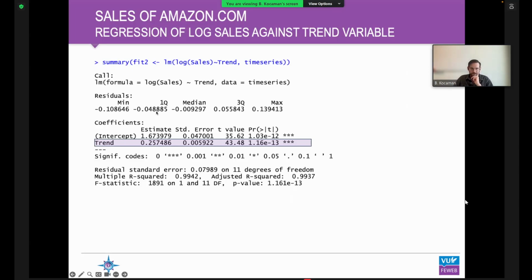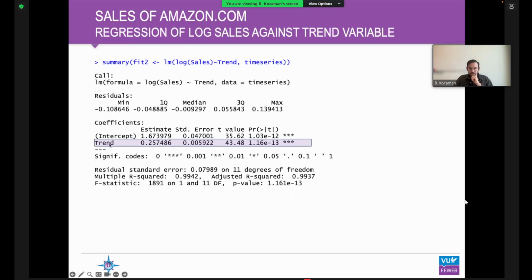So here, let's talk about this coefficient estimate. We see that the coefficient estimate is significantly different than 0. And then it is 0.2526. What does this mean?